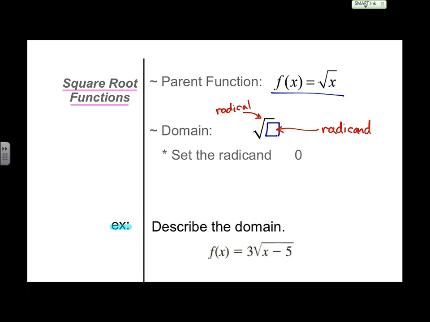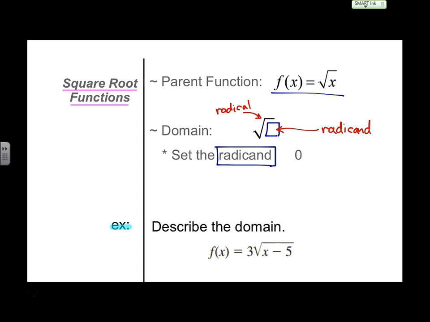But here's what I need you to see. The radicand, whoever is in the blue box, whoever is underneath the radical. For domain, we always take that radicand and ask, what type of numbers are not allowed to go under a square root? Negative.